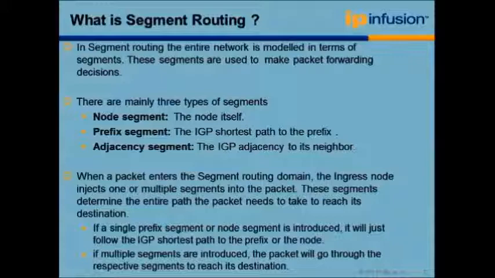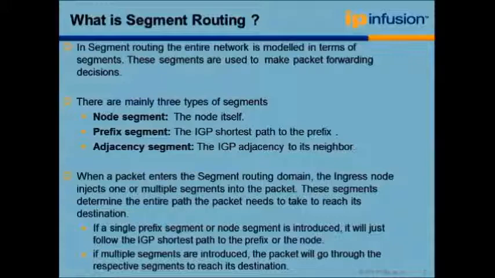So what happens in segment routing is that when the packet enters the segment routing domain, it will look at the destination address, and based on that, one or multiple segments will be injected into the packet. The forwarding decision will be based on this segment.